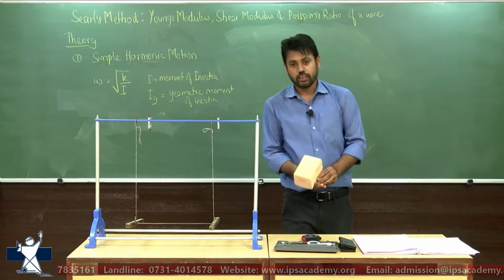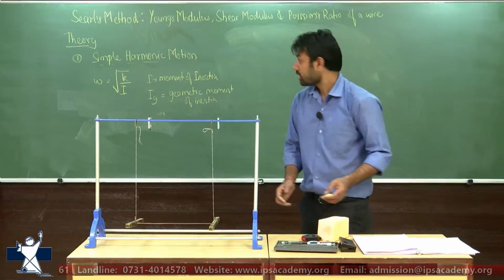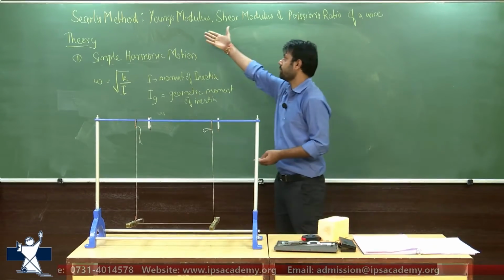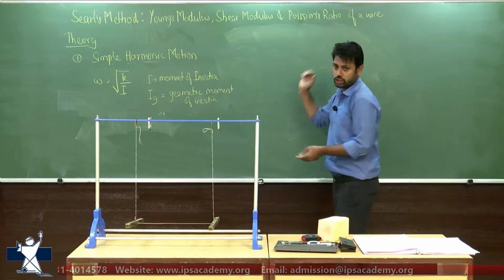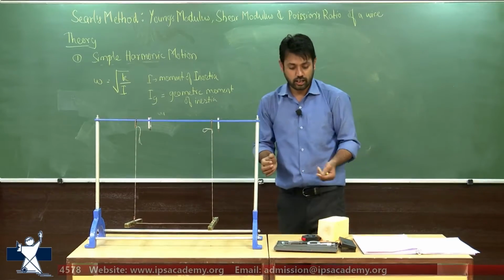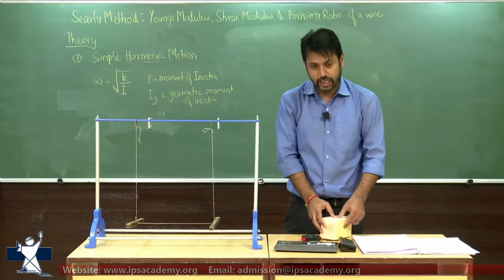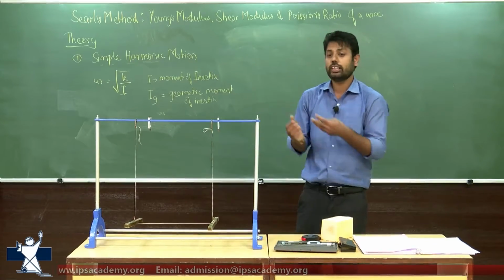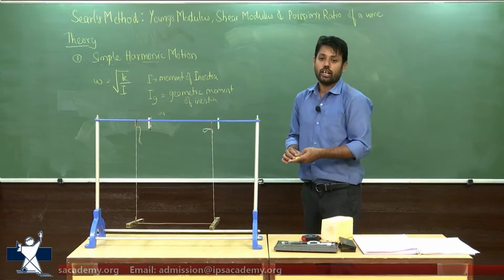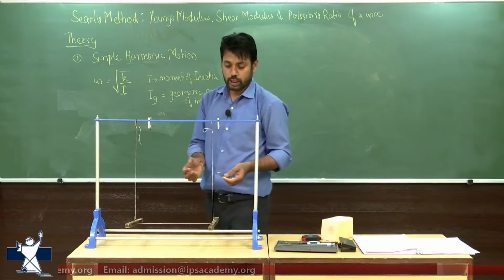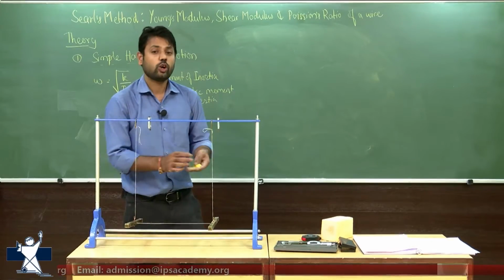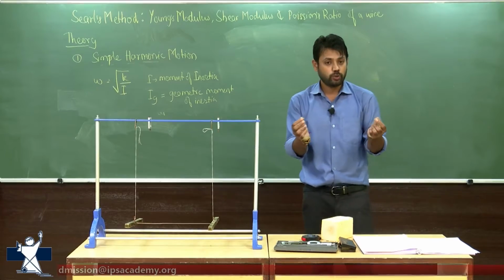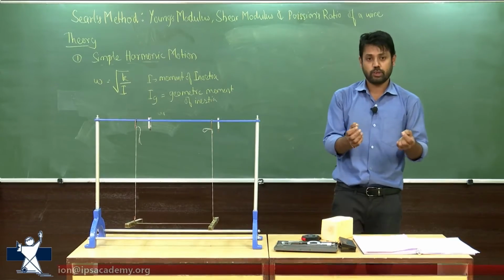Next thing is, let's get back to the main topic which we are going to measure: Young's modulus, shear modulus, and Poisson's ratio. So these three concepts are mechanical properties of an element. Once we are done with the dynamics and rotation, in real life we need to deal with actual objects, right? And actual objects are not single particles, they are made up of multiple particles, multiple atoms.